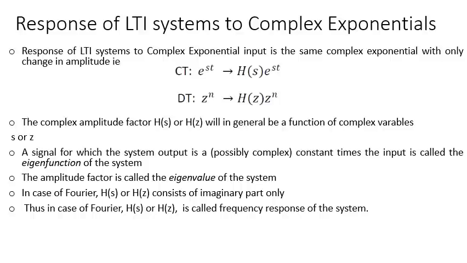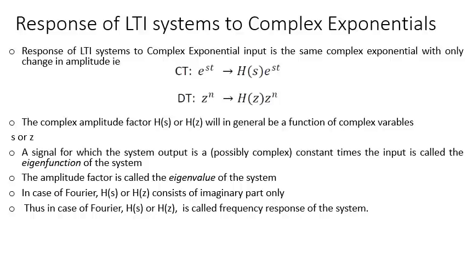So let's start with a simple example where we have an input signal x of t for the continuous time case, and x of n for the discrete time signal. If the input is, for example, e power st for the continuous case, then the output is h of s times e power st, the input signal.